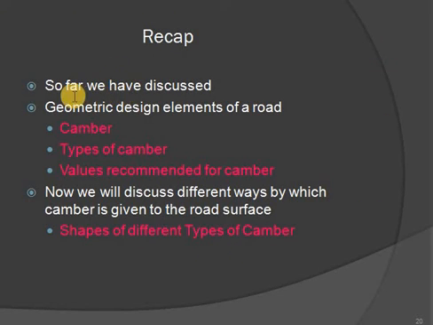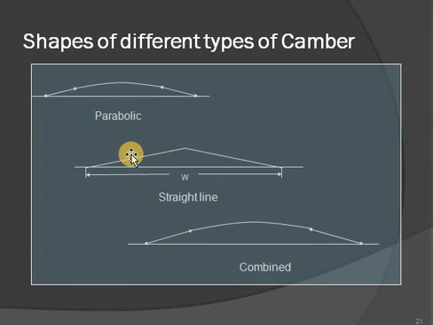So, recap. So far we have discussed the geometric design elements of road, camber, types of camber, and values recommended for camber. Now we will discuss different ways by which the camber is given to the road surface, and shapes of different types of camber. See here my diagram, shapes of different types of camber.